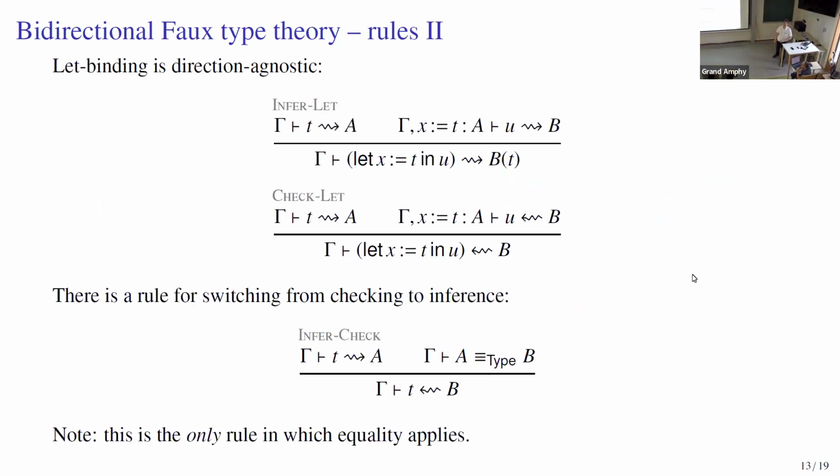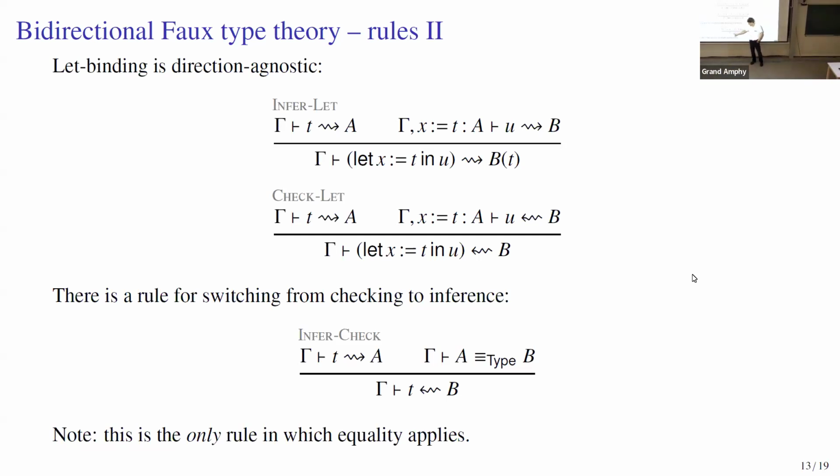Okay, there's one more rule which allows you to switch from checking to inference. Why do we need it? Maybe somebody wants us to check the type of a variable, but the variable wants to be inferred. There is no rule for checking a variable. There's only a rule for inferring a variable. So we also have something that allows us to switch.